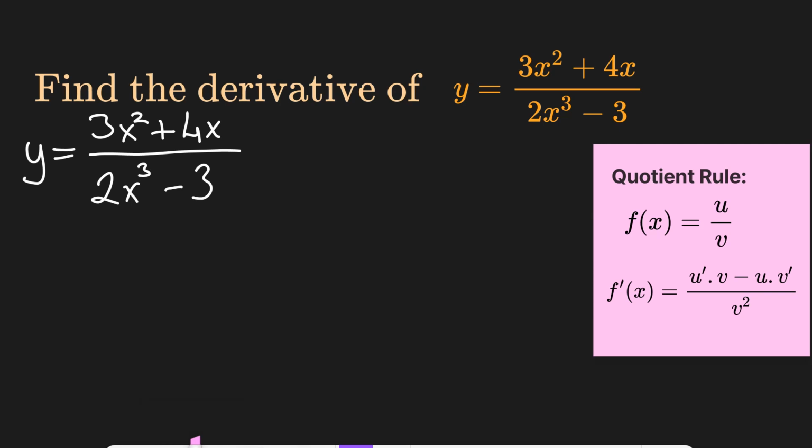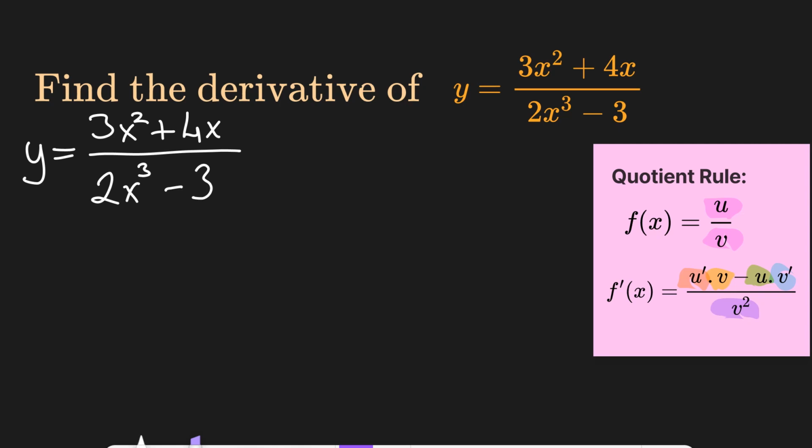Let's take a look at the quotient rule first. If we have a rational function like here, let's call top function u and bottom function v. Then quotient rule states that the derivative of a rational function is equal to derivative of top function times bottom function minus top function times derivative of bottom function, all over bottom function squared.